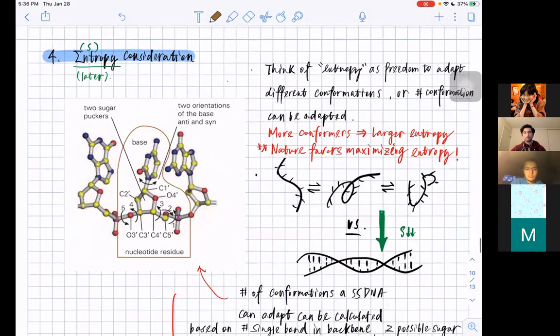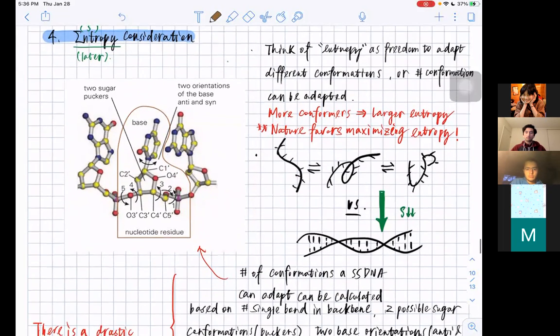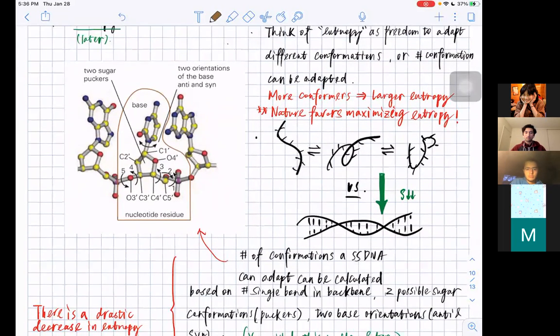For double-stranded DNA, there is usually just one stable conformation. But for single-stranded DNA, we can actually calculate the number of conformations it can adopt based on a set of parameters such as the backbone angle, the conformation of sugar, and the base orientation. Those calculations you'll go through later on.